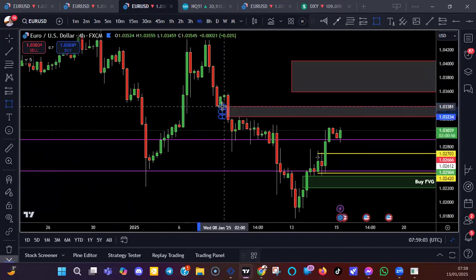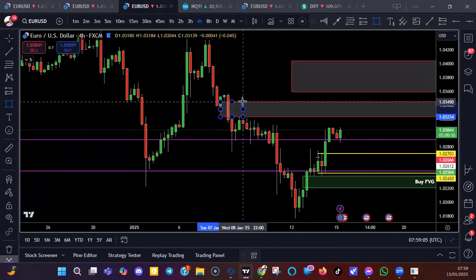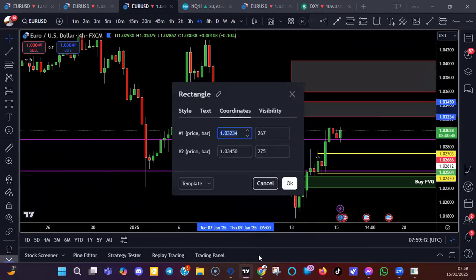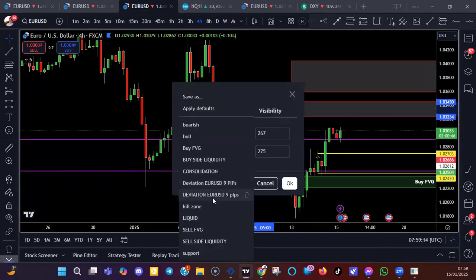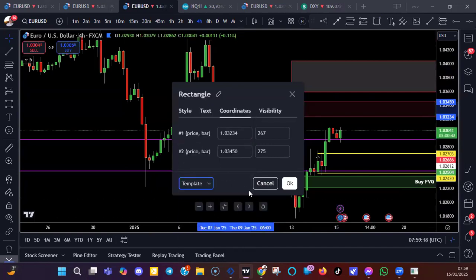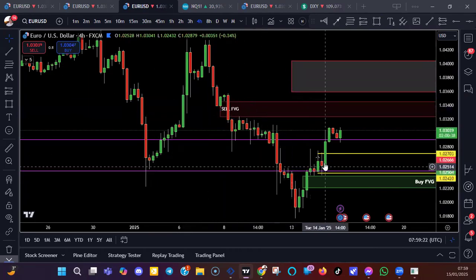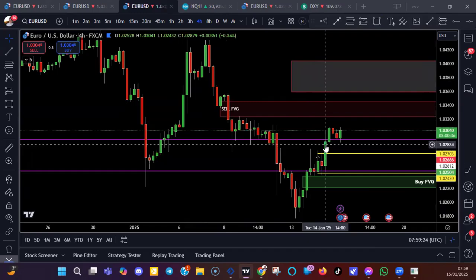This area here is imbalance. Again, got the wrong box for that. So that's a sell FVG, fair value gap. So there we go. And also we got imbalance down here as well.